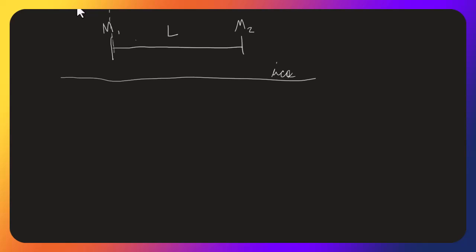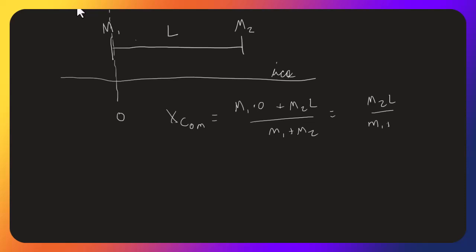So let's do this carefully. If I set this to be my 0 point, then my x center of mass is m1 times 0 plus m2 L over m1 plus m2, or m2 L over m1 plus m2. And the center of mass has to remain there. Okay, so now they exchange places.